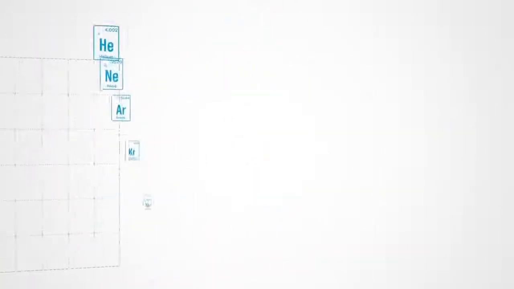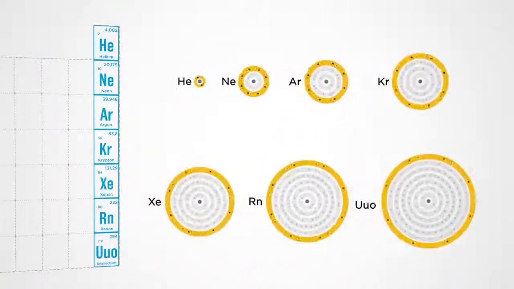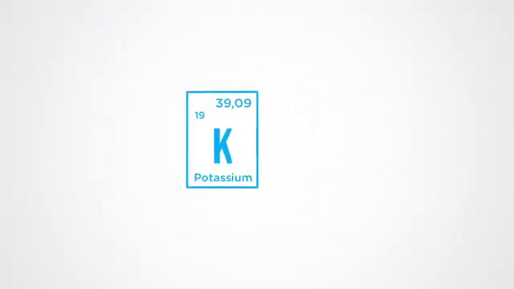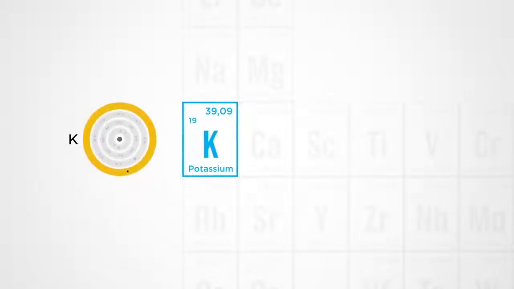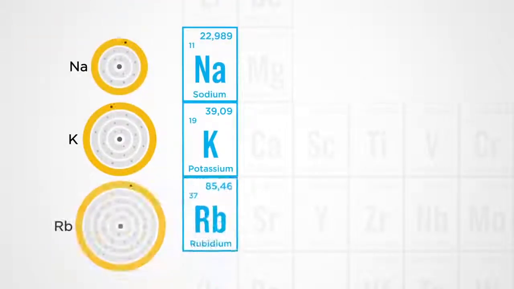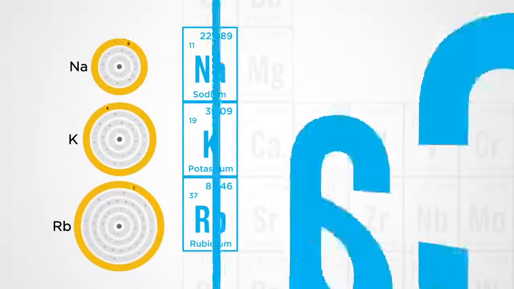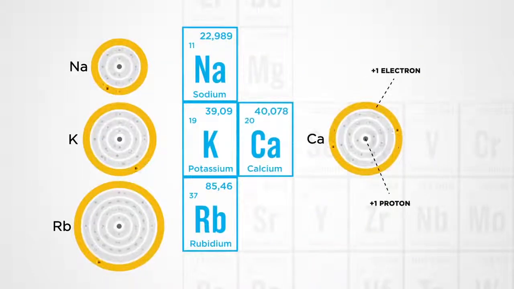And in the last column, we have those who have filled this layer. That's why each chemical element in the periodic table has a very well-defined neighborhood. Above and below it has elements with the same distribution of electrons and very similar properties. And on its right, it has an element that has an electron and one proton more, and therefore has different properties.